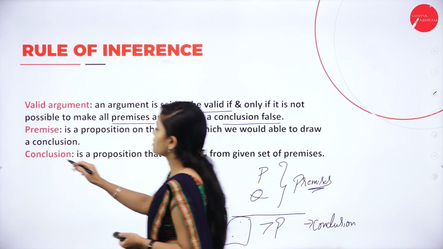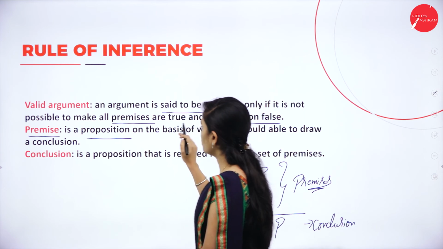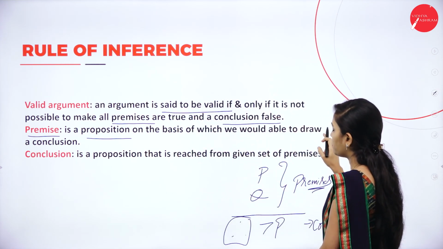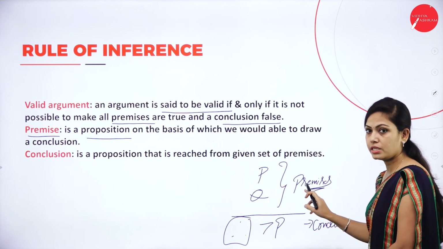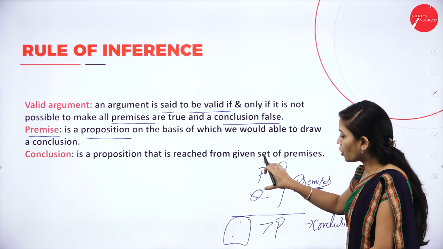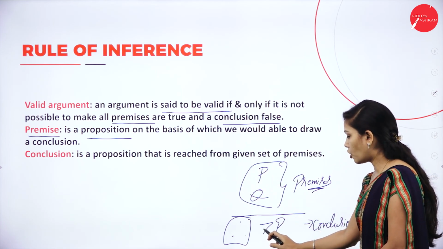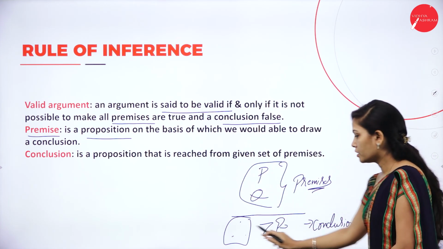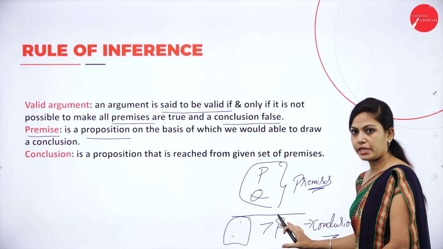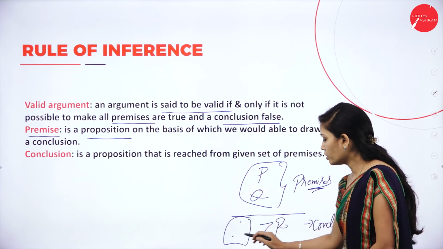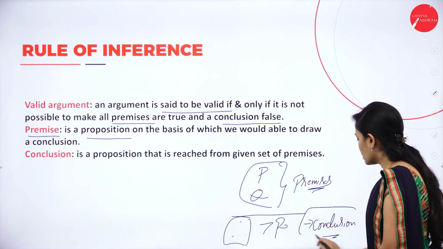And premises. What are premises? A premise is a proposition on the basis of which we are able to draw a conclusion. I have already told you about premises, right? So here we are drawing a conclusion with the help of these premises. Therefore, negation P. This is one example I am explaining. Here, I got negation P as the final conclusion.